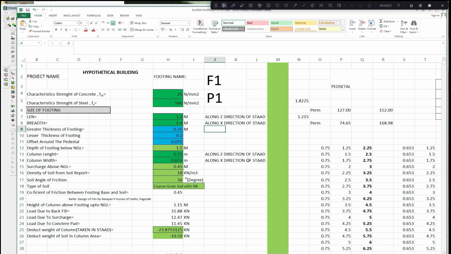And for the interior column and corner columns, mostly the square type of footing works best. For interior column, it could be either square footing or rectangular footing. With this, the tutorial on design of a steel structure with STAAD Pro completes.